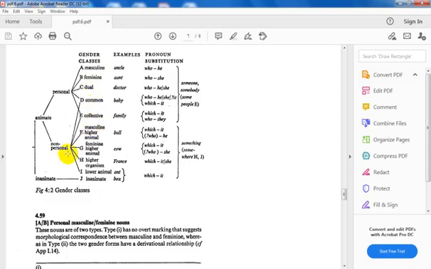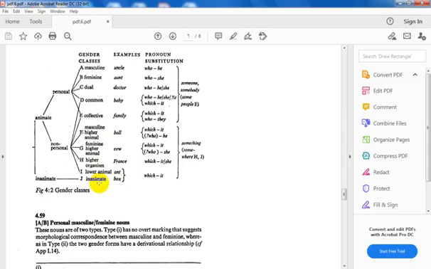The non-personal again: common, collective, masculine higher animal, feminine higher animal, higher organism, lower animal, inanimates. This is the general case.